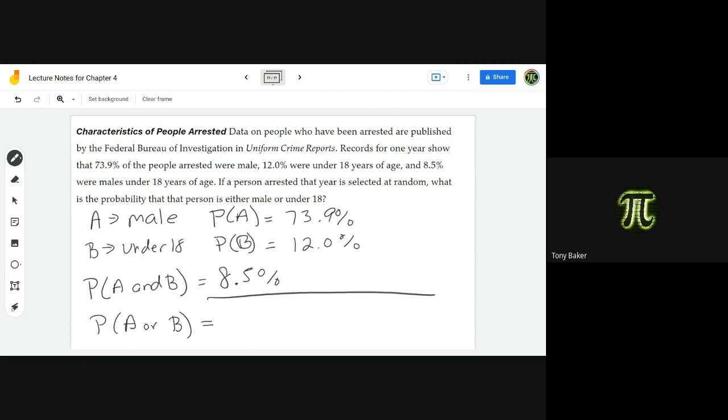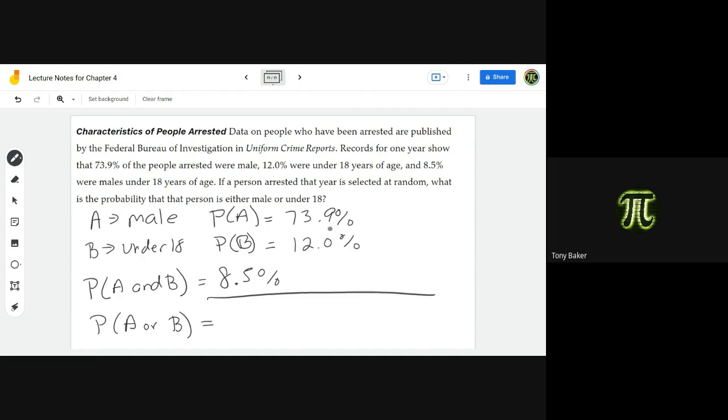Yeah. You just add 73.9, 12, and then subtract 8.5. Yep. Then you get, I think 88.4. I didn't just calculate. Actually, it doesn't make sense, 88.4.